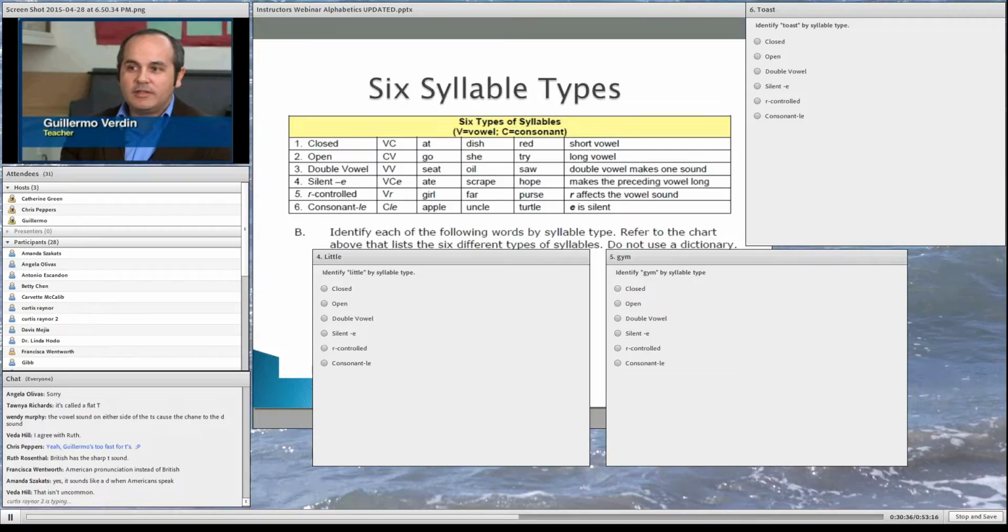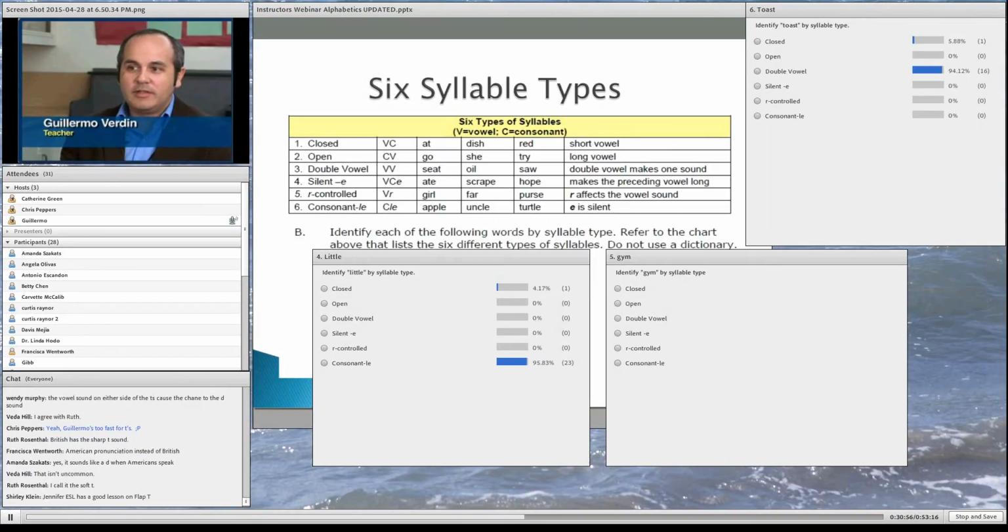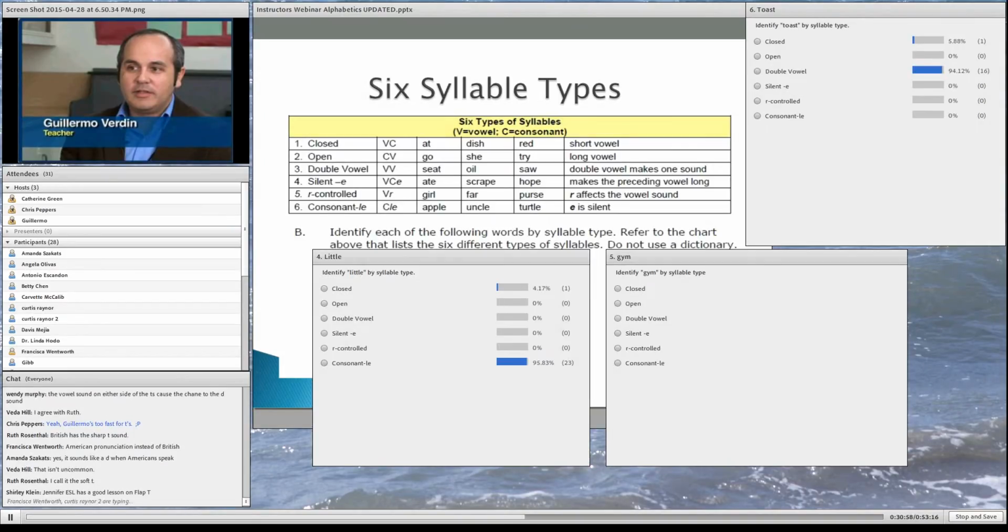All right. Let me just broadcast the results really quickly. Toast is the double vowel. Little for Angela is the consonant LE, and it is made up also with the closed, but because it has the consonant LE, we consider it the consonant LE syllable. Ruth, the soft T. I love it.